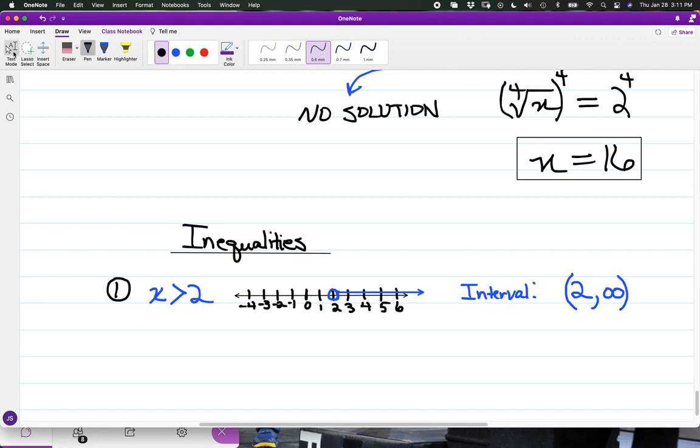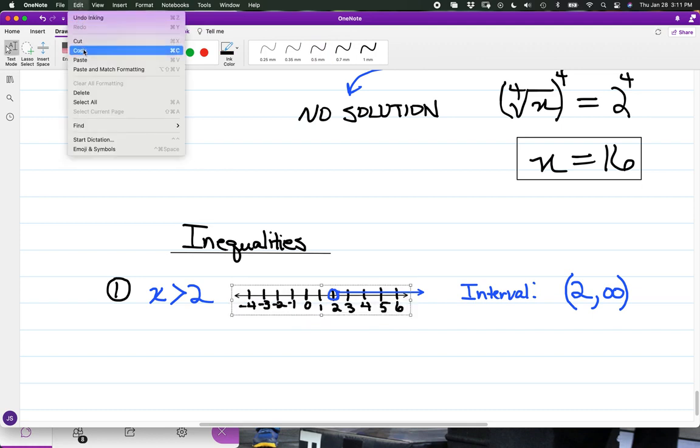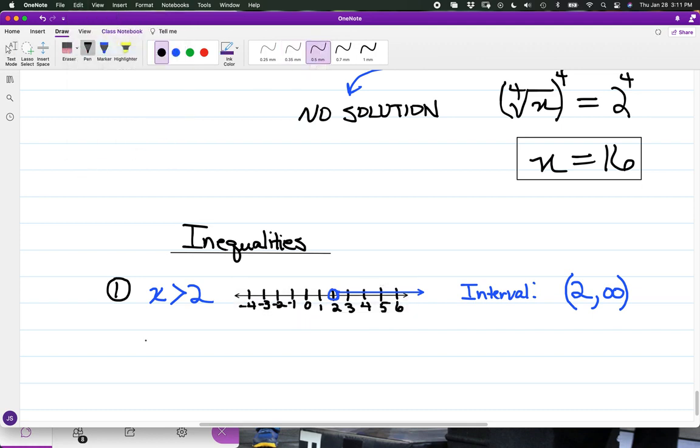And let's say we have another inequality, and we'll say that in this one we have x is greater than or equal to -1.